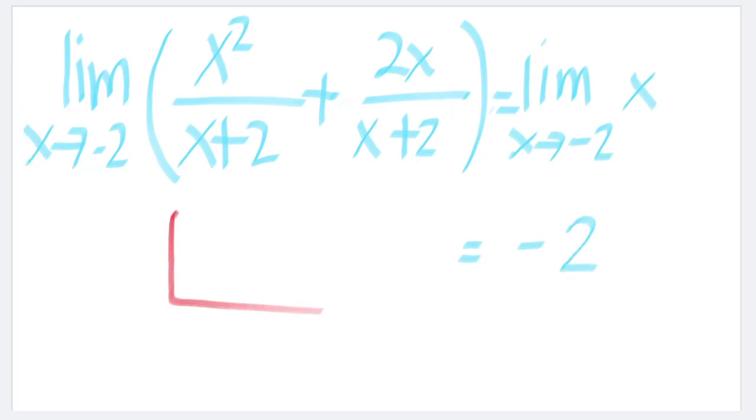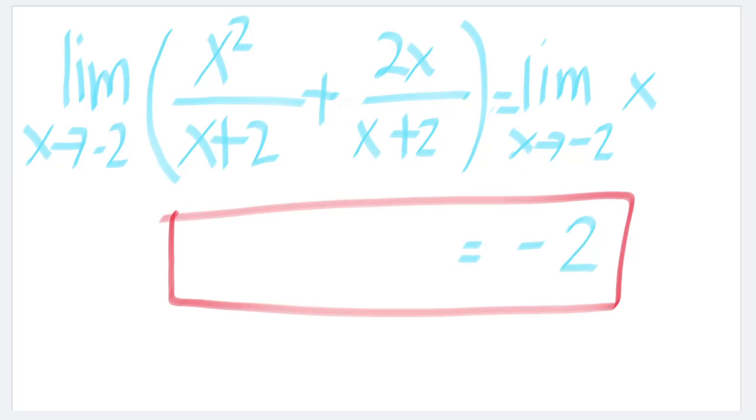Take note because we are simplifying the fraction, the domain of this fraction is not equal to the domain of this. But the limit of this one and the limit of this one is just equal. We are just simplifying them by combining fractions, but conversely they are not equivalent functions.